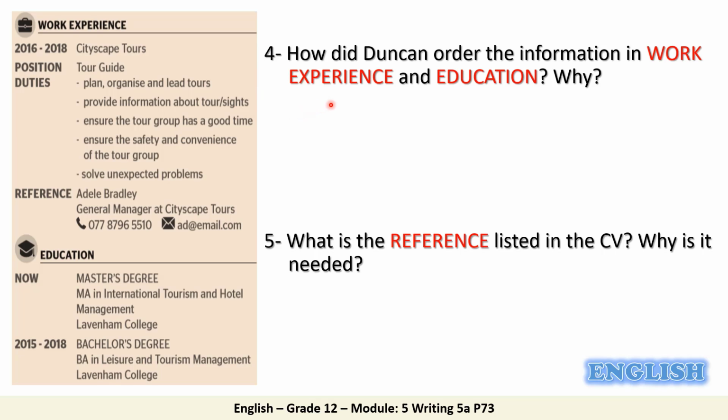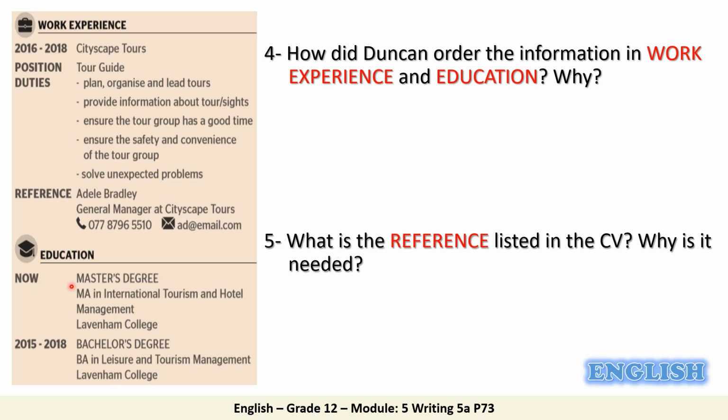Two more questions right here. How did Duncan order the information in the work experience and education section, and why? How did he organize the information? To make the question simpler, did he order the information from the old to the new, which means chronologically or in a chronological order, or from the new to the old?